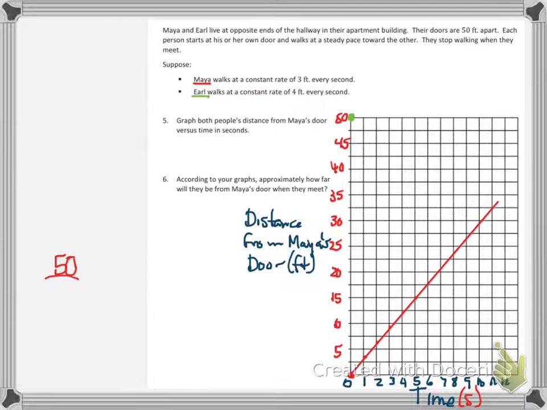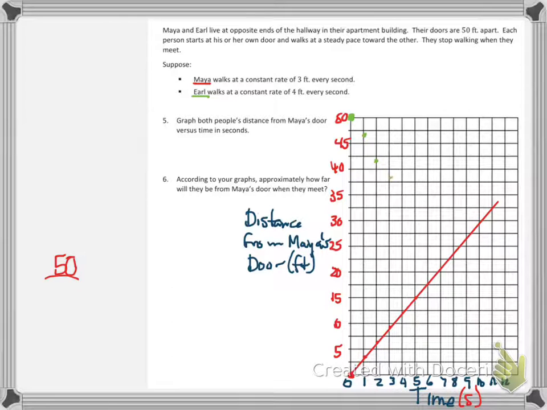So after 1 second, we're going down to about a 46, which is going to be somewhere in there. After 2 seconds, we'll be at a 42, somewhere there. Okay, after 3 seconds, it will be 12 down, so about a 38.